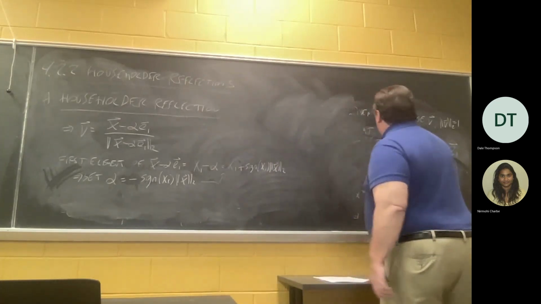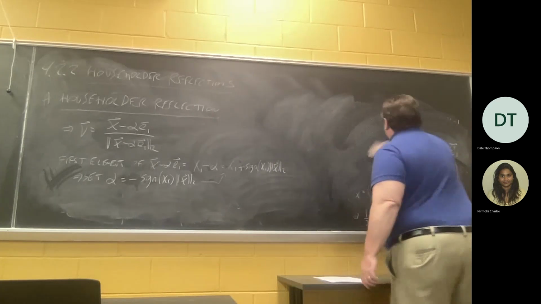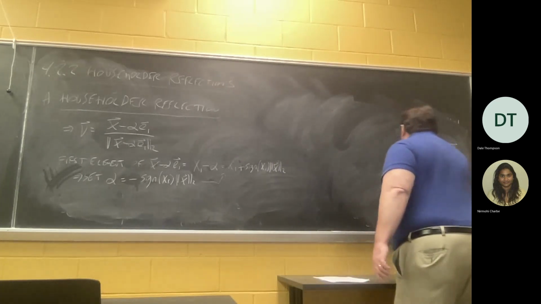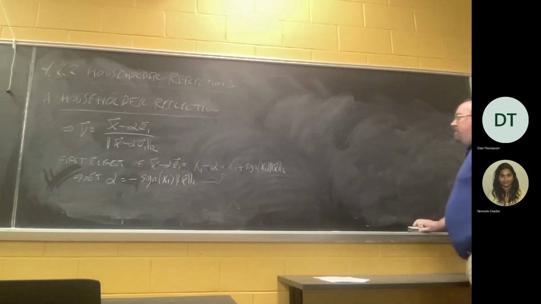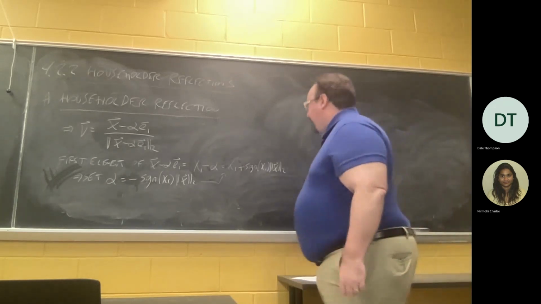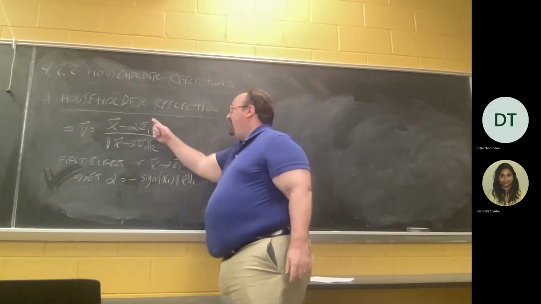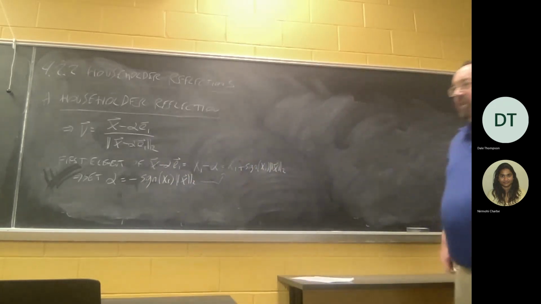So computing the vector V doesn't take much work. It's an n vector, and it takes order n operations to compute it. What you're doing is subtracting something from the first element of X, and then you normalize that vector.